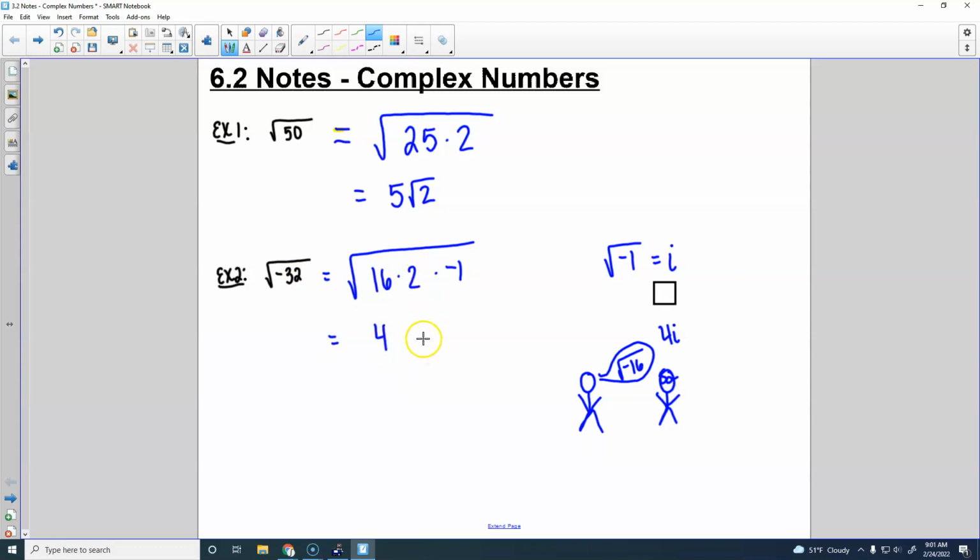We cannot take the square root of the 2, it stays underneath. And then I've got the square root of negative 1, which I can pull out and make an i. So basically, anytime you have a negative in that square root, it gets pulled out of the root and made an i, and you break the rest of it down like you always would. You should have seen this before in Math 3, hopefully, somewhere.